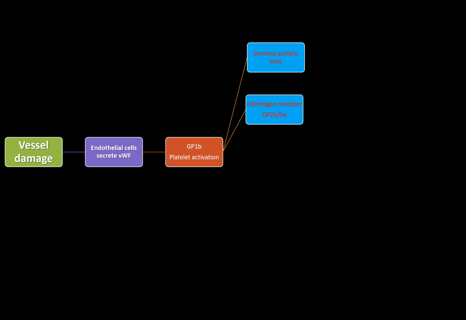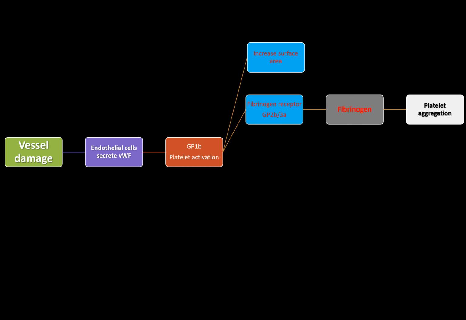So in summary, whenever there is a vessel damage, the endothelial cells will secrete von Willebrand factor. This will bind to the GP1B receptors present on the platelet, leading to activation of platelets. Whenever a platelet is activated, the surface area increases. It will express the fibrinogen receptor GP2B3A, which will lead to binding to the fibrinogen and platelet aggregation.